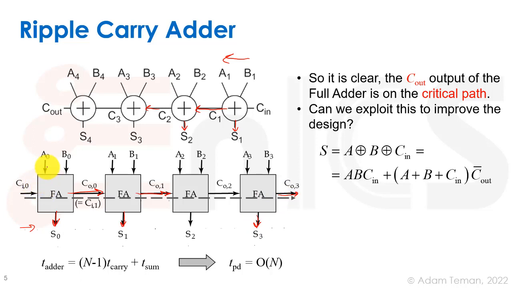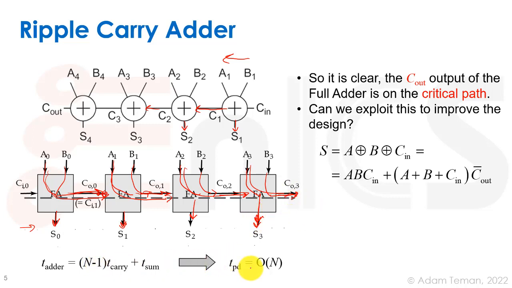The problem here is that we take this addition and provide this carry. Only after this carry arrives can we provide the next carry and sum. And only after that arrives can we provide the next carry and sum, and so on. So our path goes through first carry propagation, second carry propagation, third carry propagation, and so on.